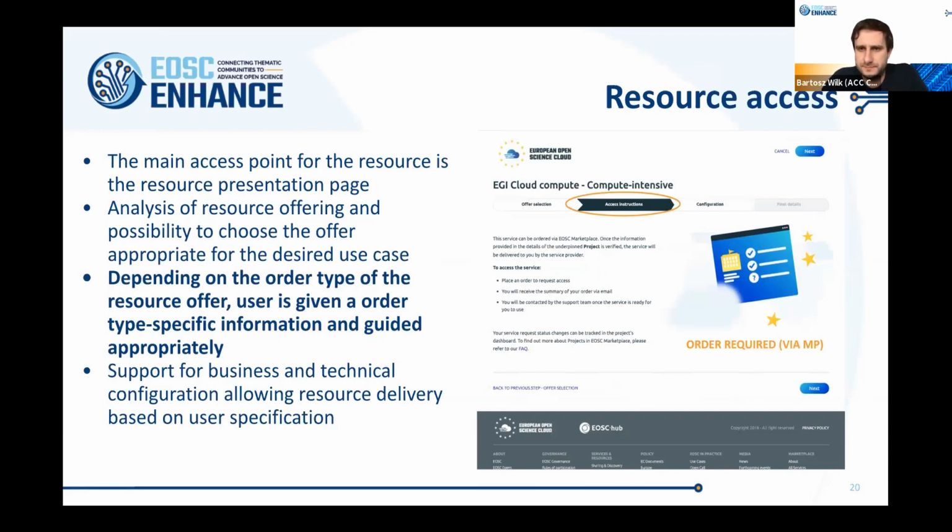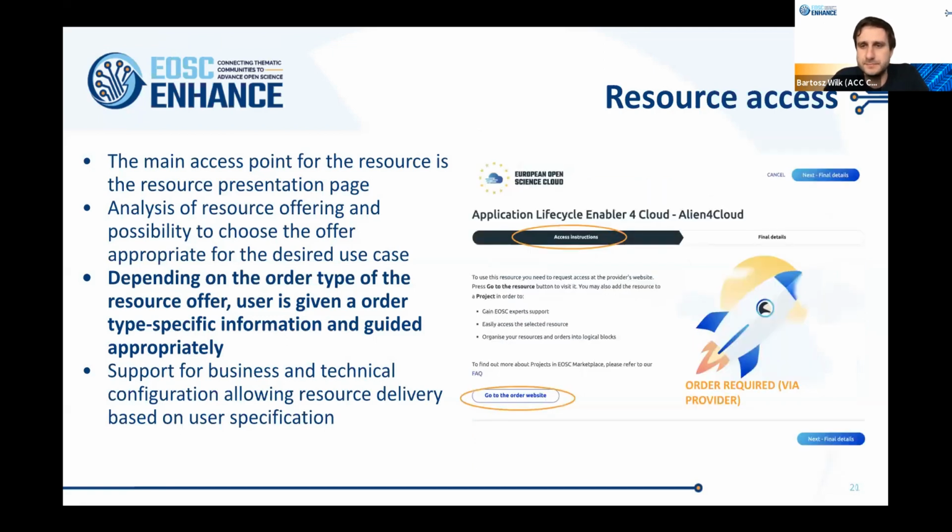So if the resource is available for ordering in the EOSC Marketplace, we will see a page like that. And then when we use this next button, we will be guided to the technical configuration of the ordering process, which will result in making an order for the team that is capable to provision the resource.